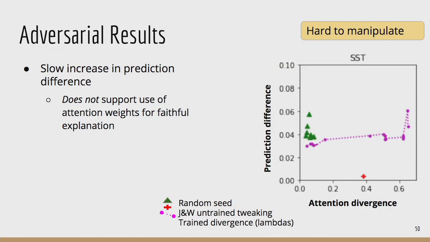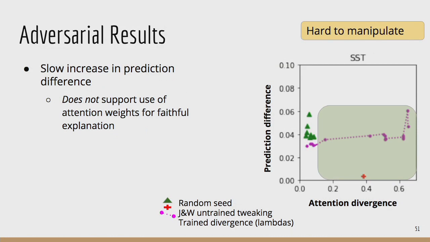However, on other tasks, such as Stanford Sentiment Treebank, we see the opposite effect, where essentially these distributions can be diverged almost up to the bound on the Jensen-Shannon divergence without losing very much prediction distance that's outside of the expected difference from the random seeds. So in this case, this should certainly provide pause against using attention as faithful explanation.